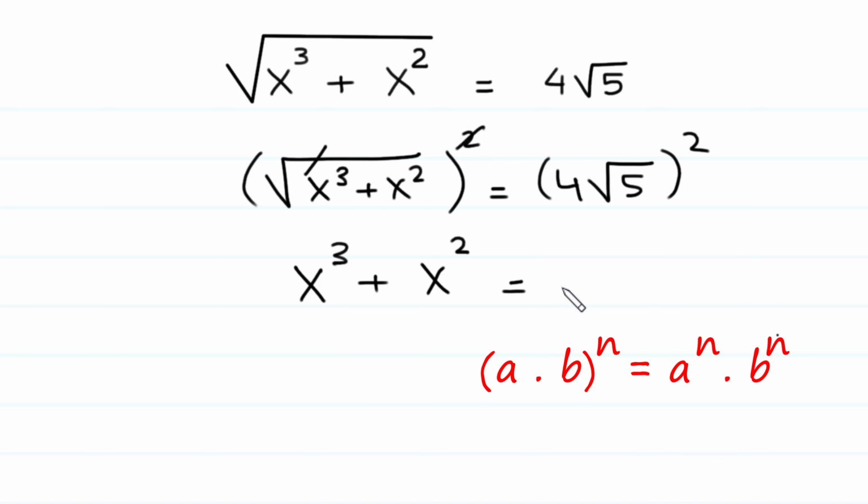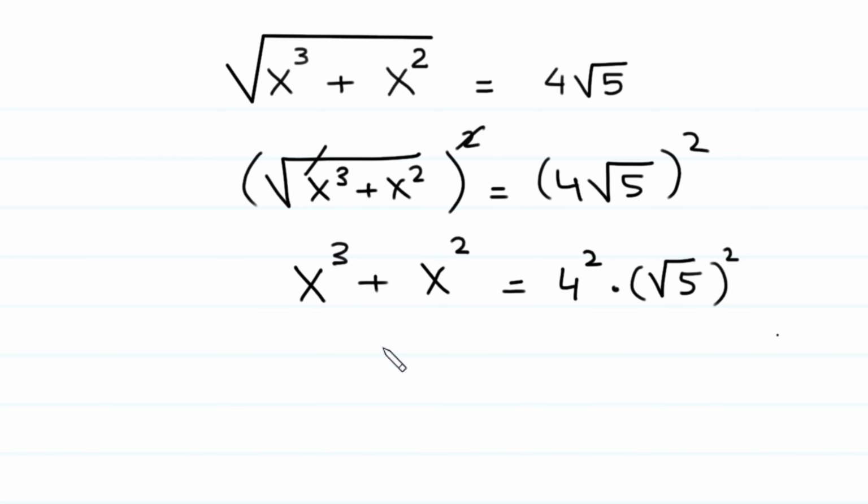Like this, 4 to the power 2 times square root of 5 to the power 2. Next, x to the power 3 plus x to the power 2 is equal to 4 to the power 2 as it is, times this square will be cancelled with this square root, and here left 5.